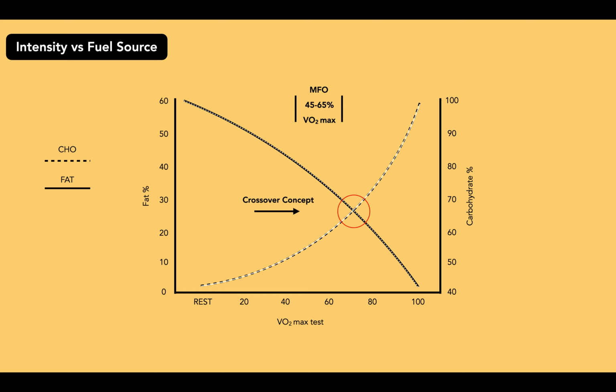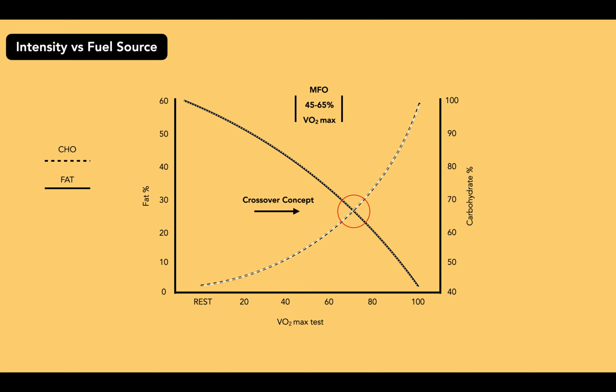Usually trained individuals are going to get up to 65% of their VO2 max before the crossover concept occurs, because they have more resistance to fatigue and therefore can utilize fat more. However, an untrained individual may experience the crossover concept a lot earlier due to being untrained.